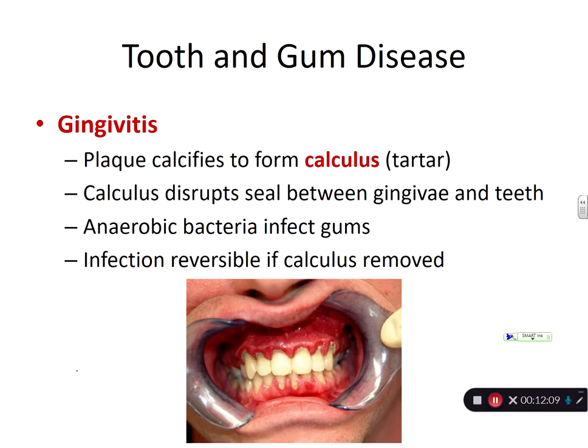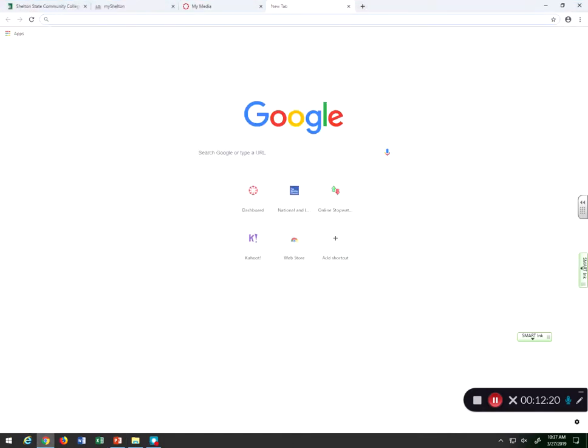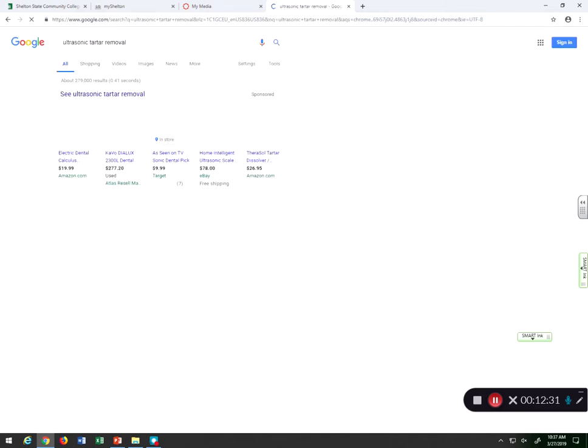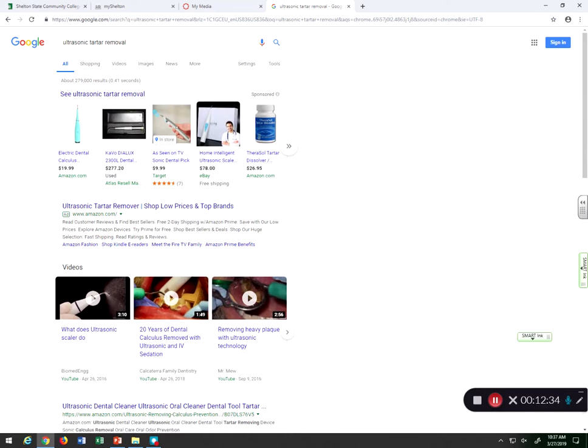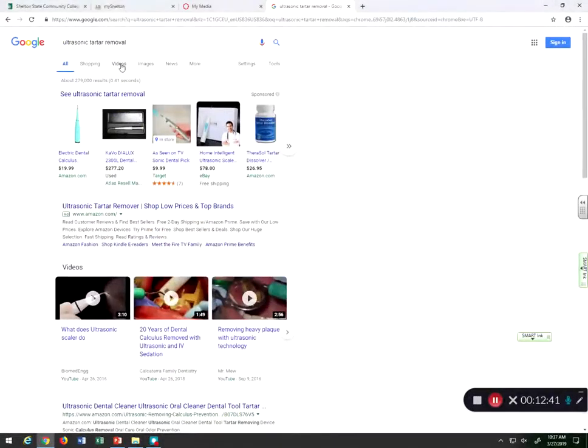So I'll show you a video if I can find it. I do this every time. It's a little gross. Have you all ever seen serious tartar removal? Let's see if I can find it. Does anybody work at a dental office?